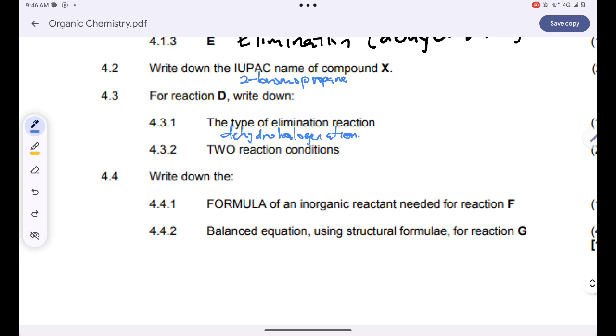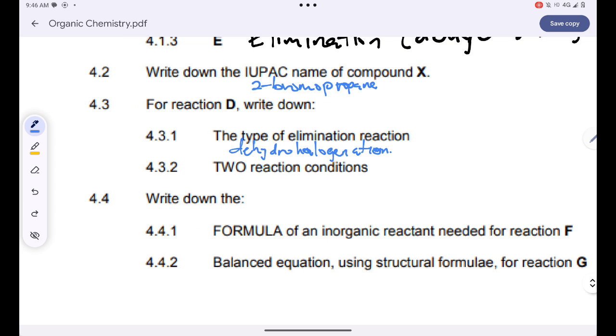And the two conditions for reaction D. For dehydrohalogenation, guys, what is the condition? You will need a concentrated strong base. Your strong base can be sodium hydroxide, potassium hydroxide or lithium hydroxide. Any of these three, and they should be in ethanol.